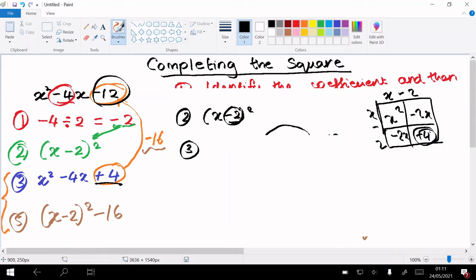In this case, that would be minus 2 times minus 2, which gives you 4. So you already know you can get rid of that 4. And you know that you need minus 12. So that quickly gives you to here.